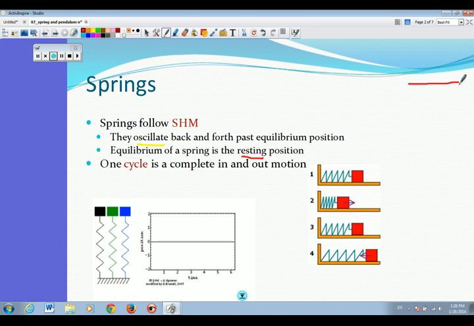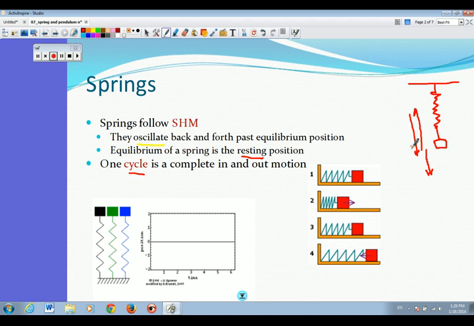So if we had a ceiling here and then a little string and then our spring, and then we could put a little weight on here. At rest, that's the equilibrium position. Now what we'll end up doing is you can pull this down a little bit and release it, and so one cycle is going to be an up and a down.